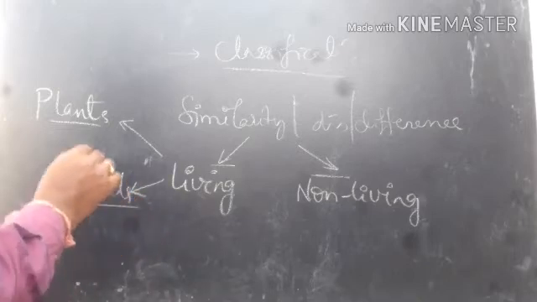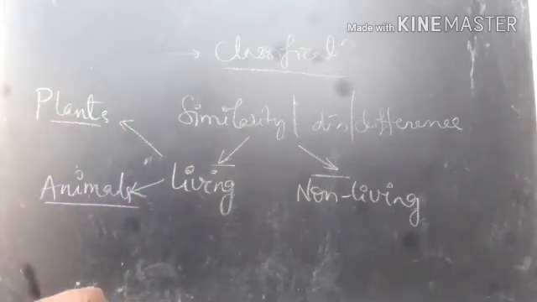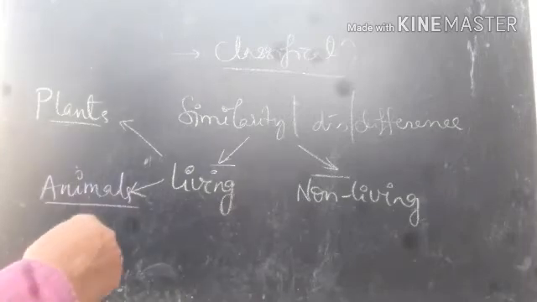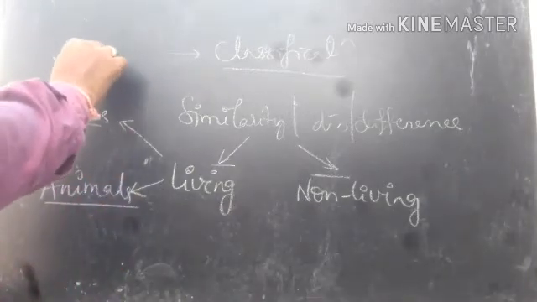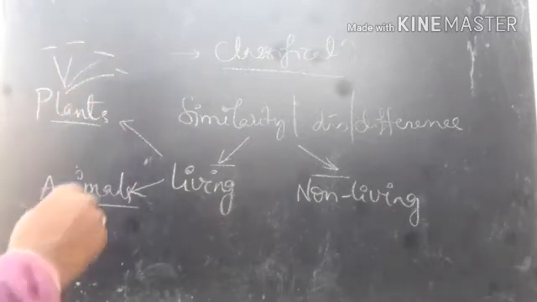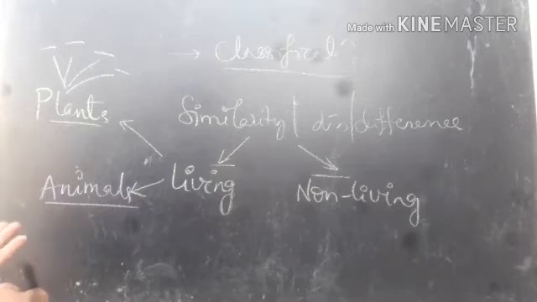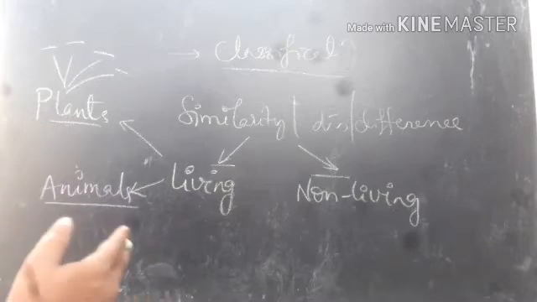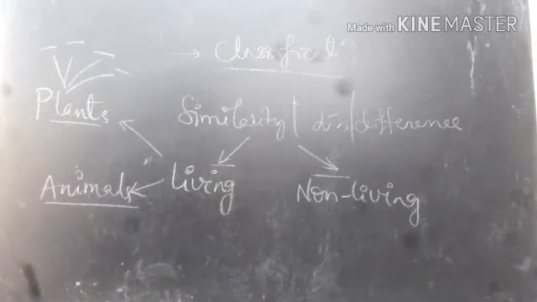So plants and animals are different. Again, plants are different: creepers, climbers, trees and plants, etc. And animals are with backbone or without backbone, right? So we are able to group them depending upon their similarities and differences, right?